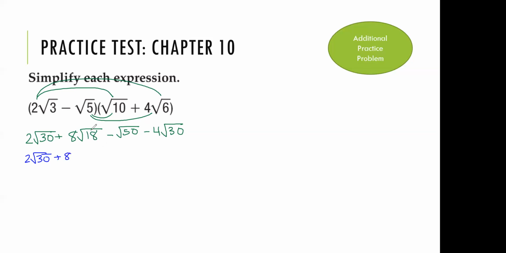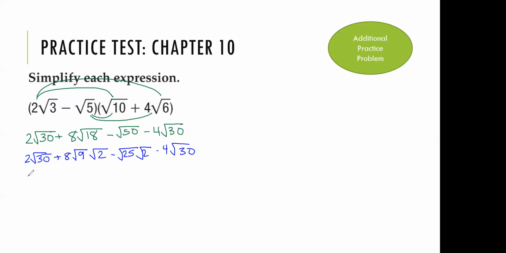But radical 18 does, because 9 times 2 is 18, and 9 is a perfect square. And 50 is 25 times 2. 25 is a perfect square. Minus 4 times radical 30. Okay, so now I have some like radicals. Let me take a step back here.